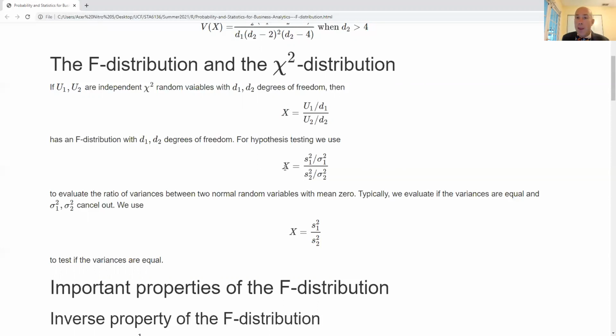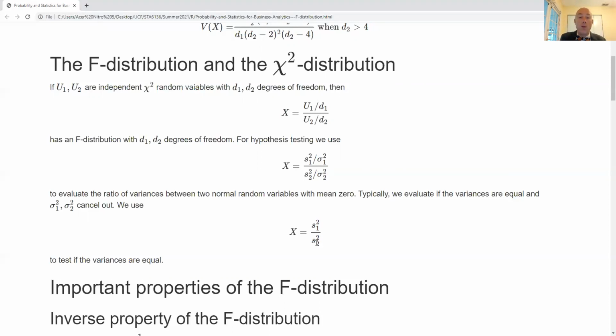Now, typically when we're doing this, we're trying to see if the two variances are equal to each other. Well, if sigma 1 is equal to sigma 2, then these cancel out, and all I'm left with is the fraction of sample variances. Huh. All right, and so this gives us a way to do hypothesis testing. So I have a statistic and I have a distribution, which means I can do hypothesis testing.